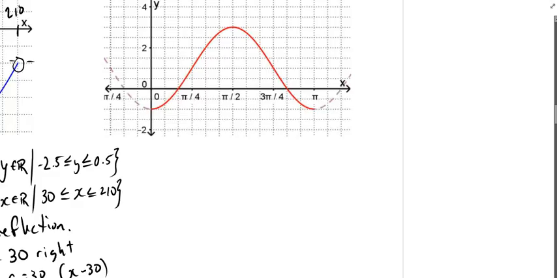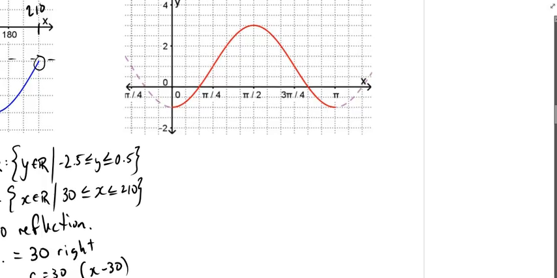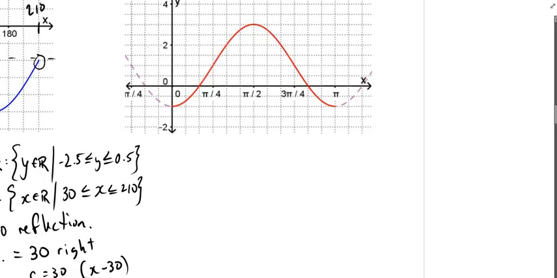So let's take a look at this one. It says it's cosine. So what jumps out at you? Kyle? It's reflected, yep. Anything else? Scale is different.